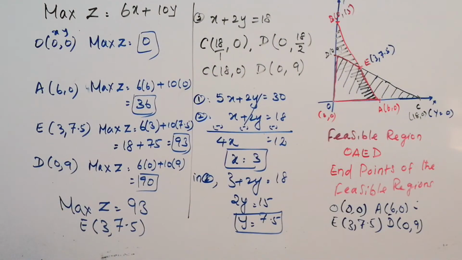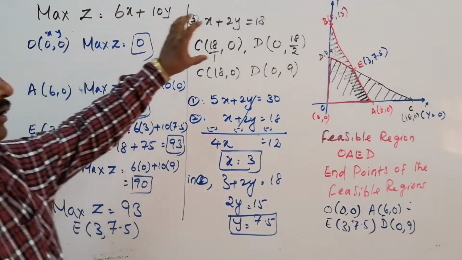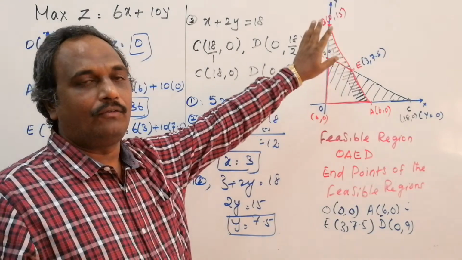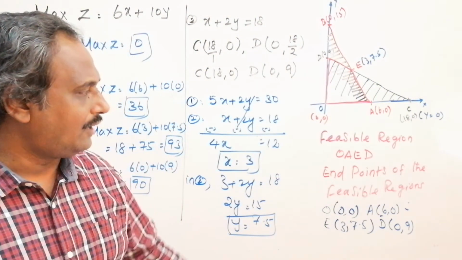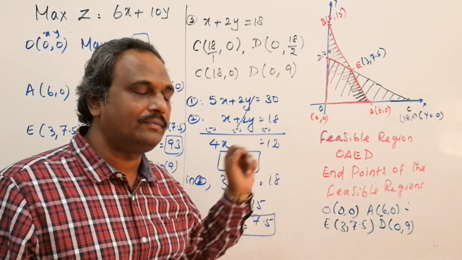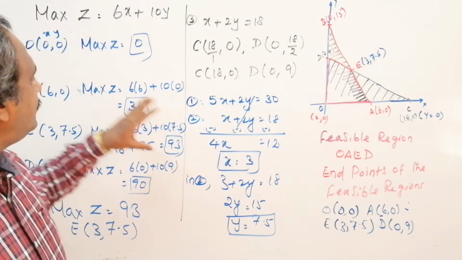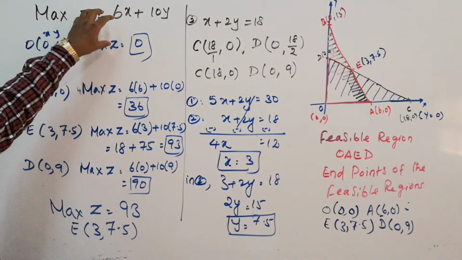So the basic principle: take the two constraints, draw the graph. From the graph, find the feasible region and find the endpoints of the feasible region. And then substitute the endpoints in the objective function.